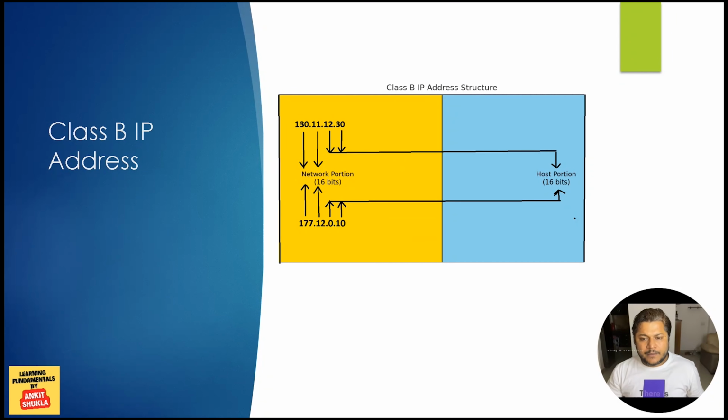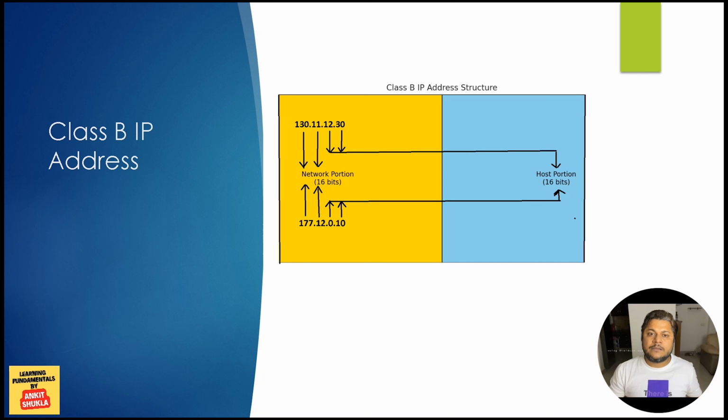If you look at this diagram carefully, the network and host portion in this piece, this is a Class B IP. So the network portion is the first two octets, as I explained, 16 bits, each octet is 8 bits. So two octets over here are dedicated towards the network portion, and the remaining two octets are for the host portion. Again, 16 bits for the network, 16 bits for the host.